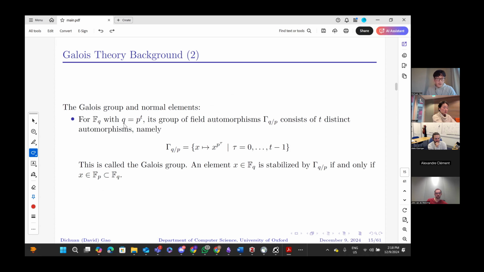So Fq has t distinct automorphisms, and these are all given in this form. It sends an element x to x to the p to the tau, where tau is ranging between 0 and t minus 1. And this is indeed a group, because if you set tau to t, that's the same as setting tau to 0.